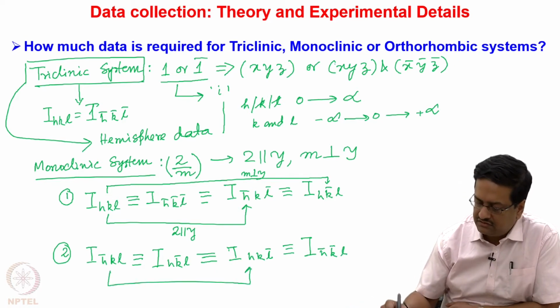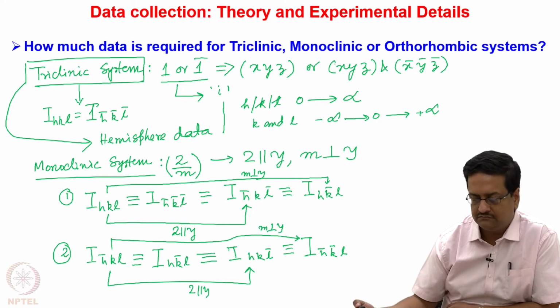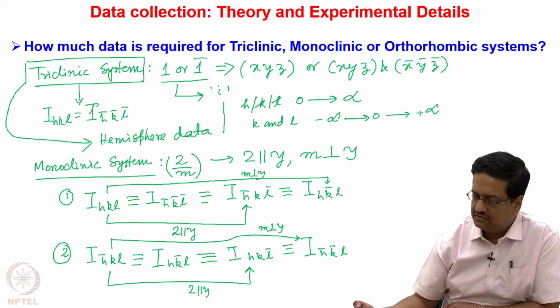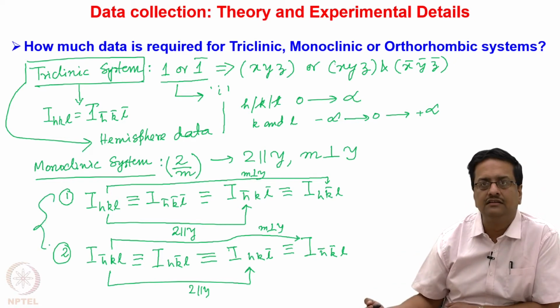So that means this is a 2 parallel to y and this is a mirror perpendicular to y. So now we have two such sets of reflections which are equivalent.